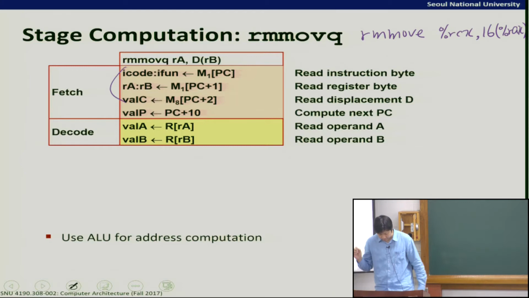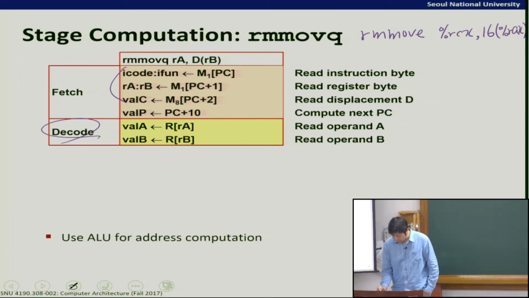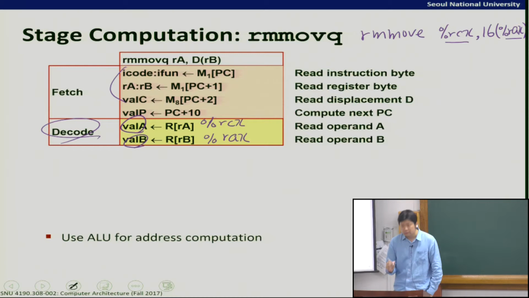That's what we want to execute. So in the decode stage, we read the values of the RCX and RAX registers. In this case, valA is holding the value of RCX, and valB will be holding the value of RAX. Okay?